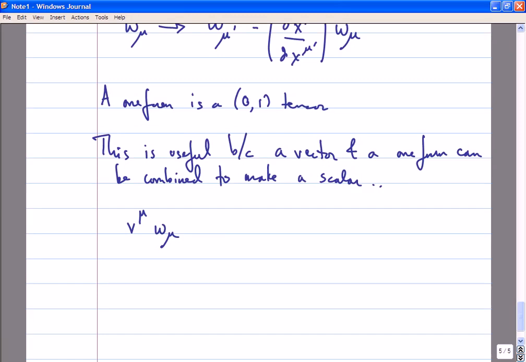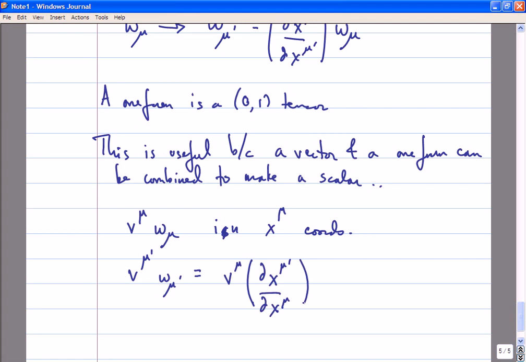If this is the expression in the x^mu coordinates, then in the x^mu' coordinates, it's given by v^mu' w_mu', which using our transformation rules for vectors and one forms is equal to v^mu times dx^mu'/dx^mu times w.